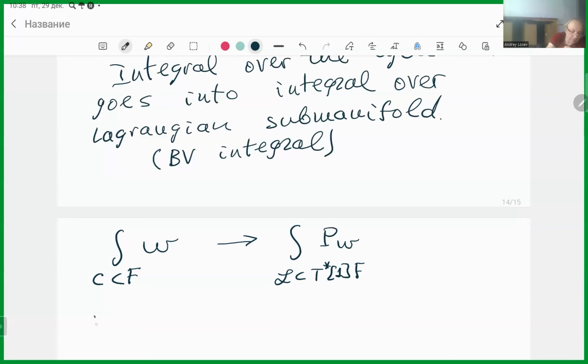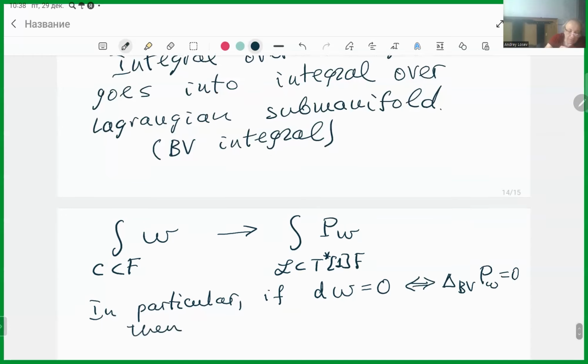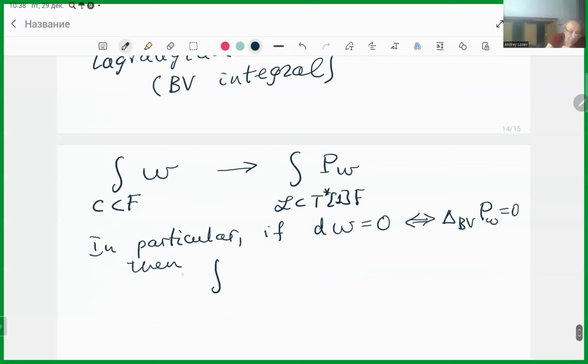In particular, if d omega equals to 0, and it is exactly the same that this equals to 0, then I will write it down explicitly.